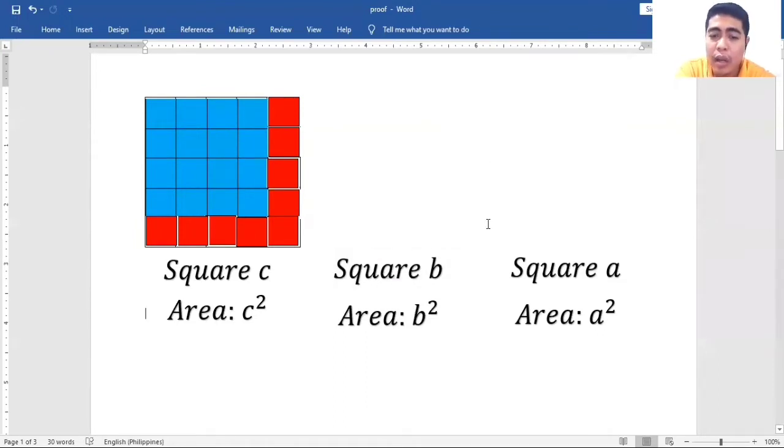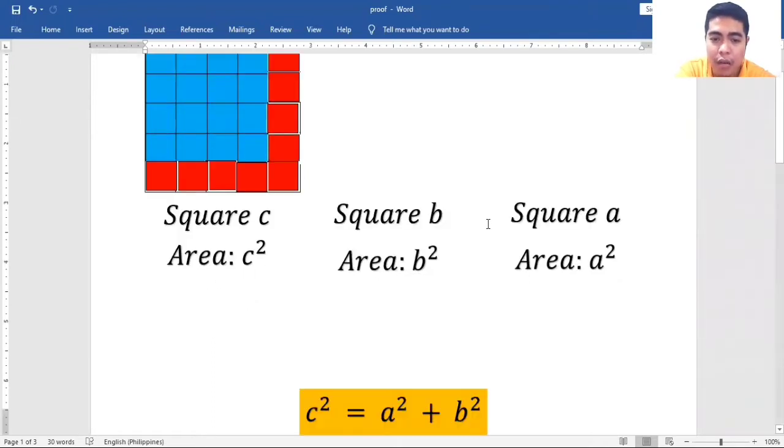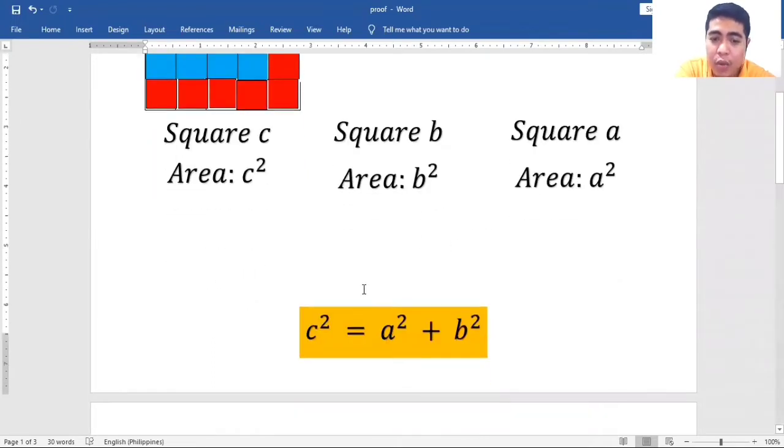Therefore, we will have the formula C squared is equal to A squared plus B squared. This is actually the formula of the Pythagorean theorem.